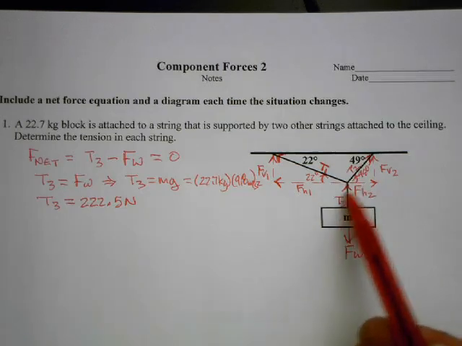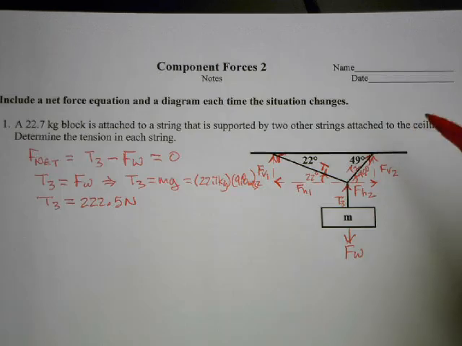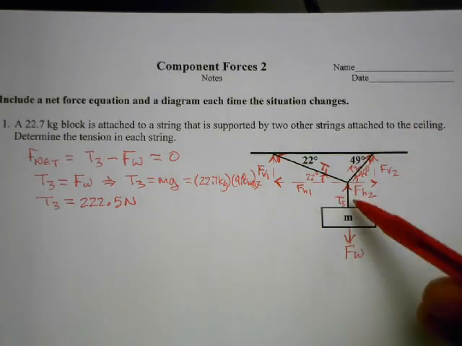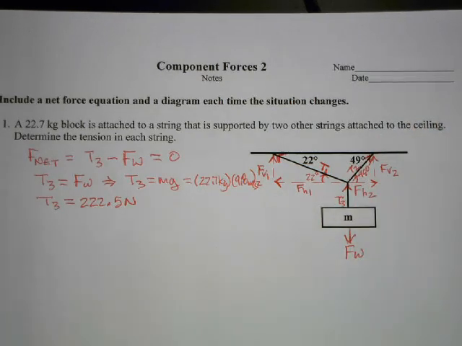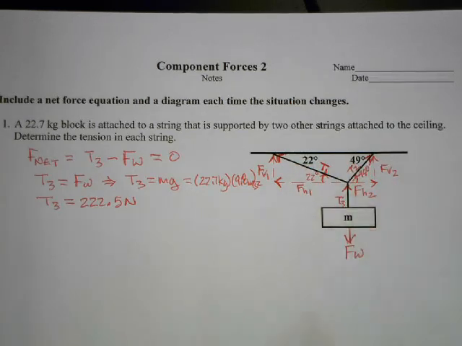Now we're going to focus on this portion of things. In other words, all of this, the strings, which are basically considered massless, and the block, these two strings are holding all of this up.